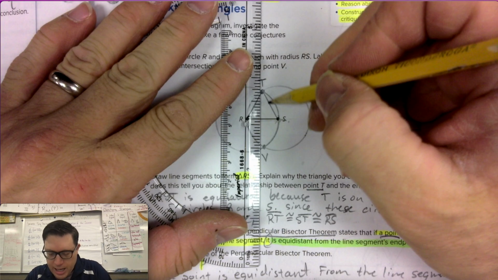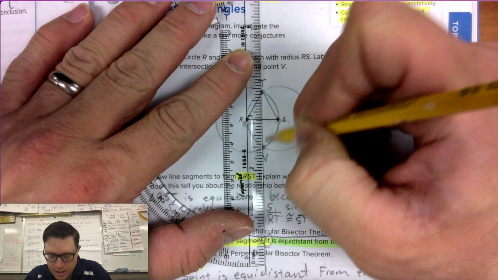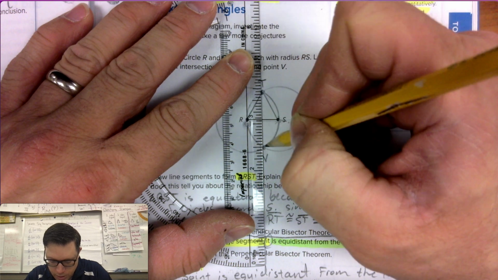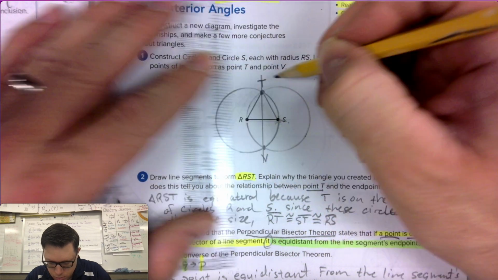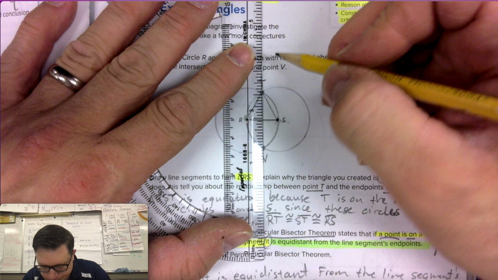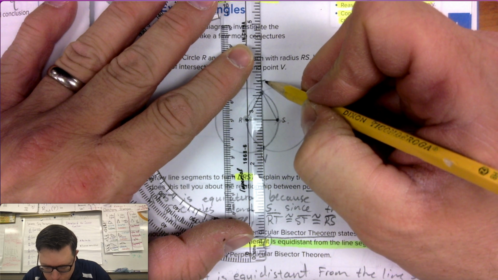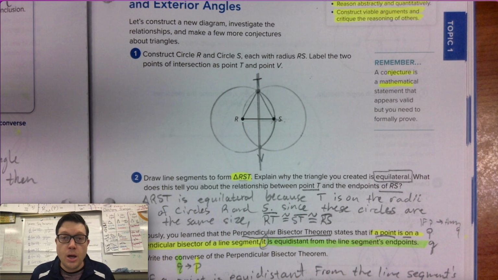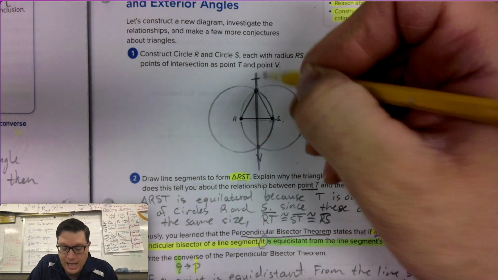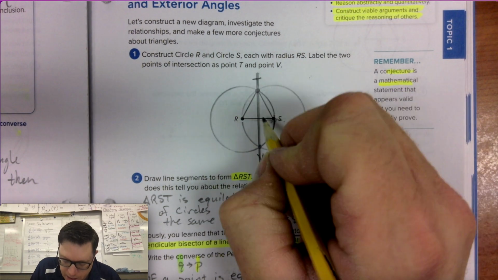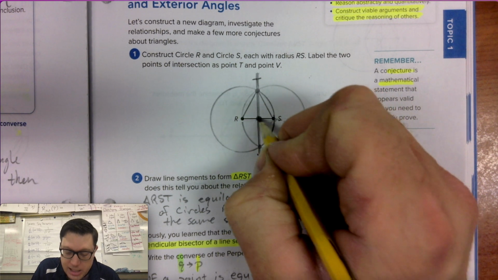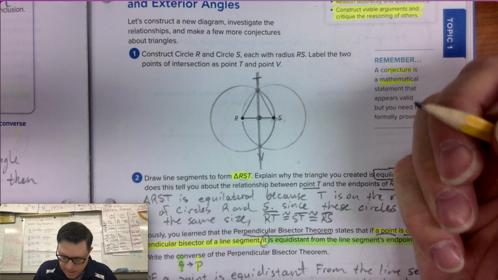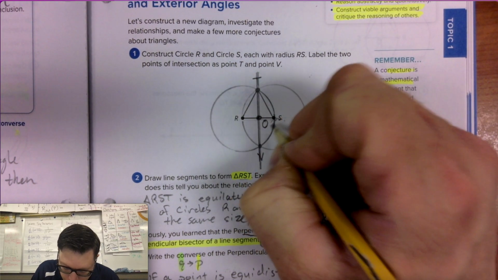So if you connect where they cross, T to V, careful, careful. I can do a better job than that. Barely better. If you connect where they cross, that line is the perpendicular bisector, and they want us to label the place where it crosses RS as point Q.